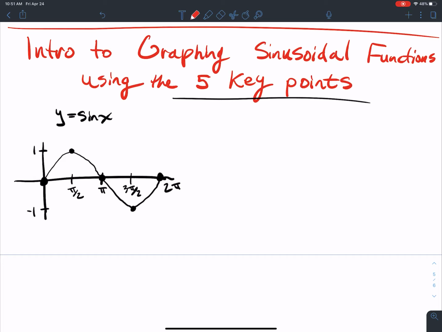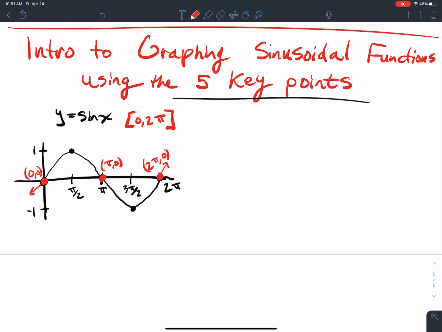So this is our graph, and by the way, it continues forever. We're just restricting it to 1 period, on 0 to 2 pi. Now, what are the 5 key points? I think it might be obvious. It's (0, 0), where we cross the x-axis, (pi, 0), and (2 pi, 0).